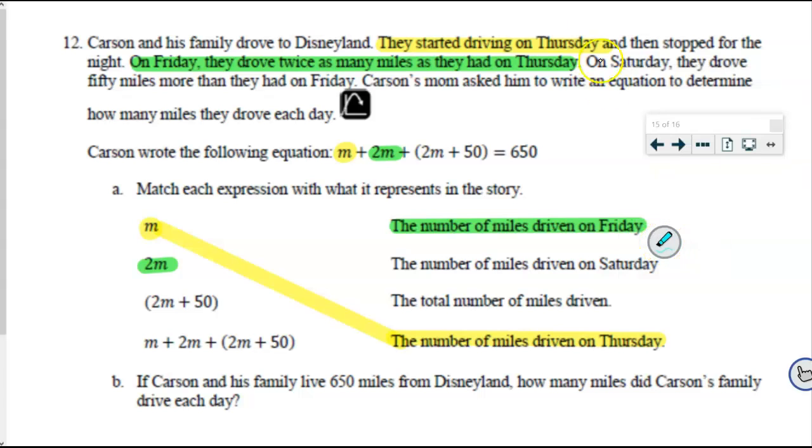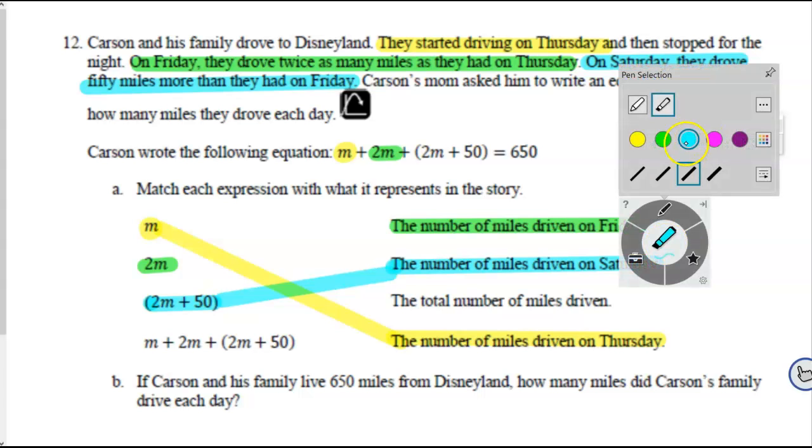On Saturday, they drove 50 more miles than they had on Friday. Remember how on Friday they drove 2M? So 50 miles more is going to be that same 2M plus an extra 50. That is the number of miles that they drove on Saturday. I forgot to do the green to connect them.